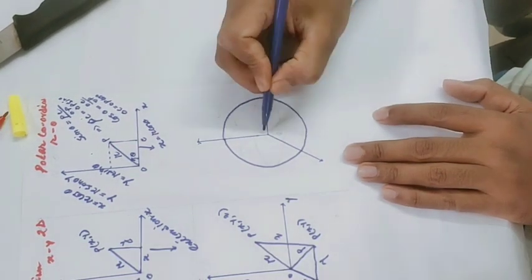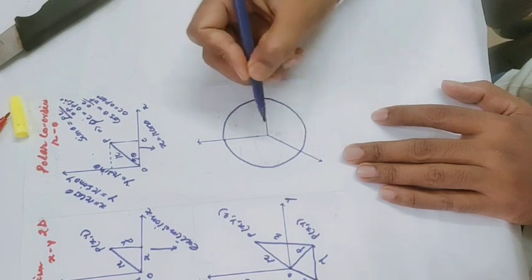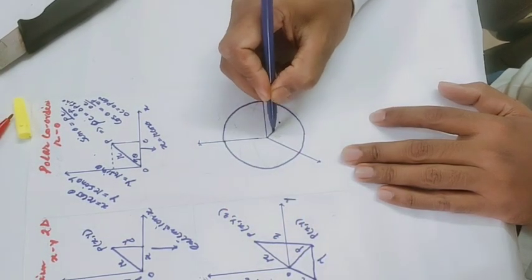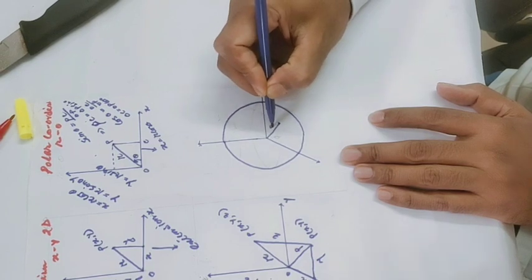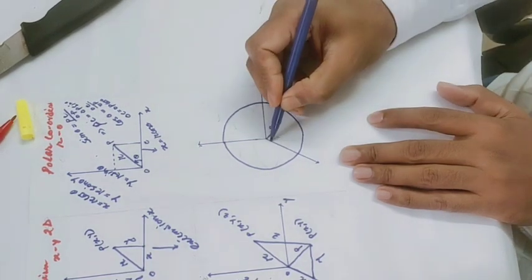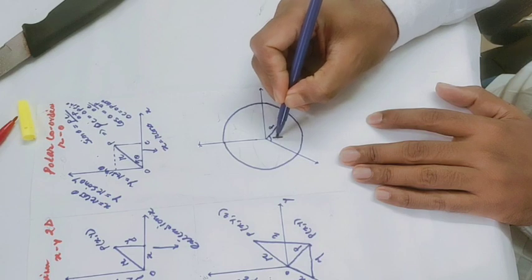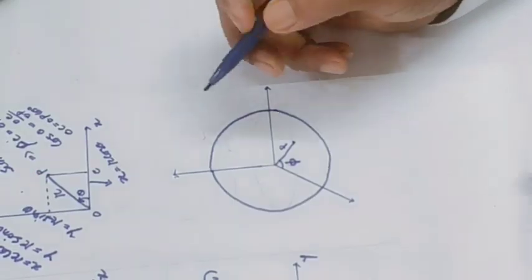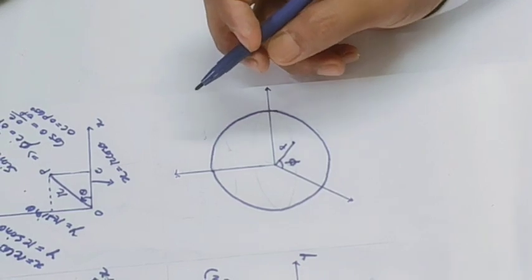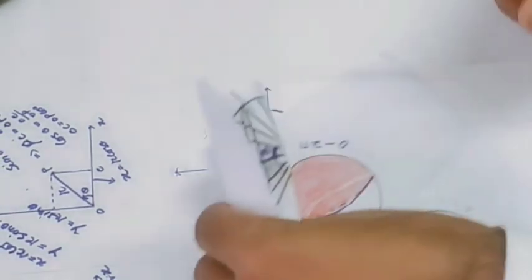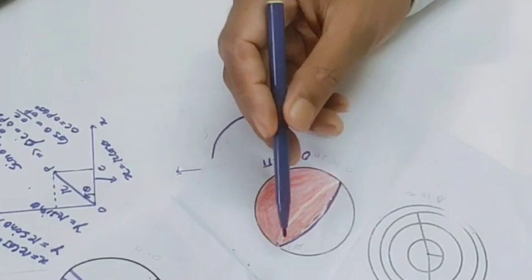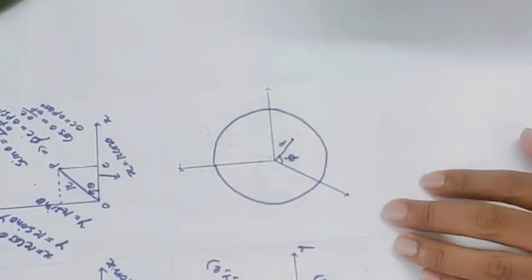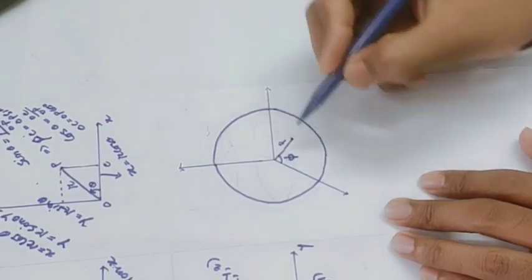So if you consider any point here like this, say this is suppose rho, then this angle will be your phi, that angle. We have represented this angle. Okay, this angle is your phi, this part is your phi. Then you draw a perpendicular here.